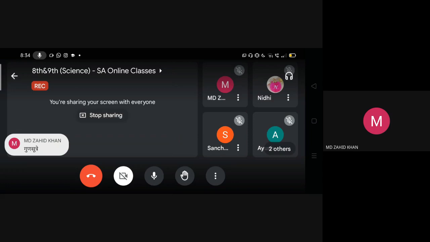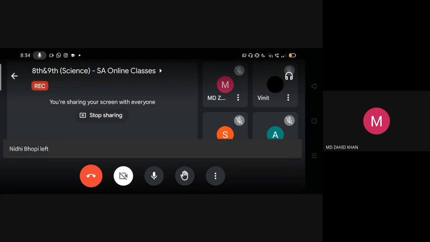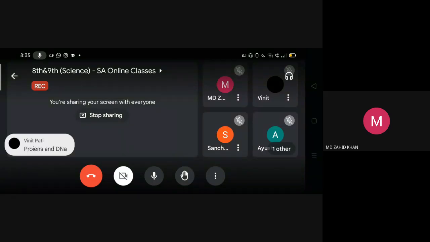Yes, Nidhi. Chromosomes are made up of Vinit. RNA.